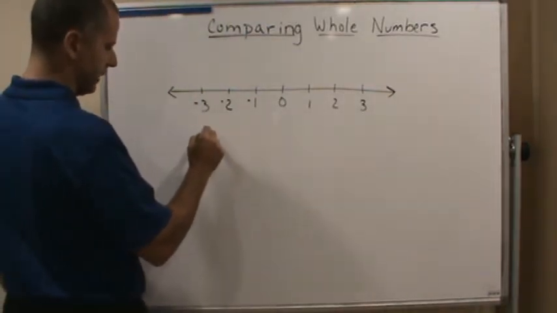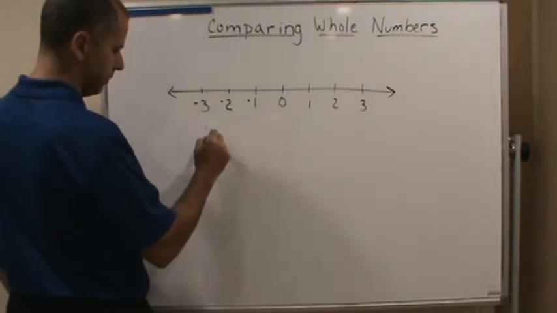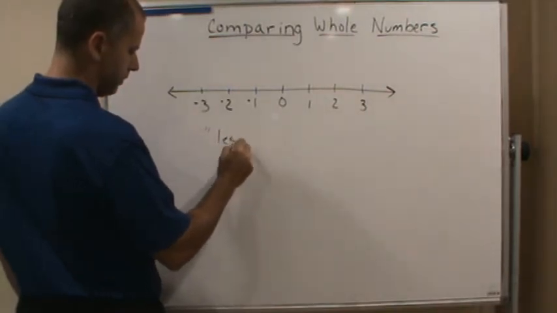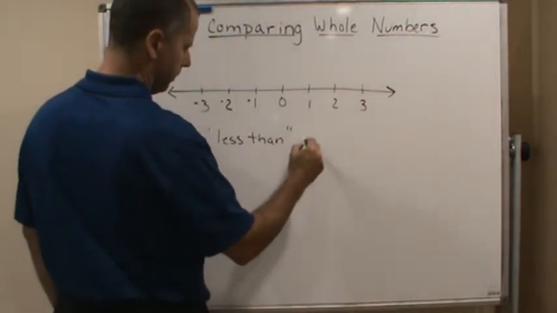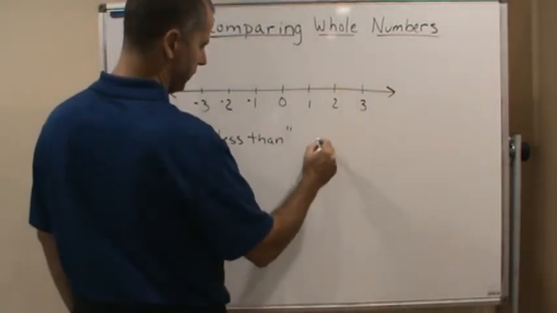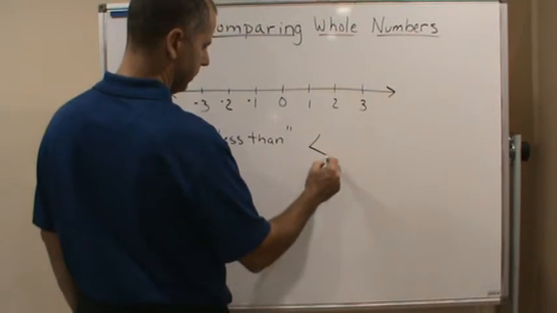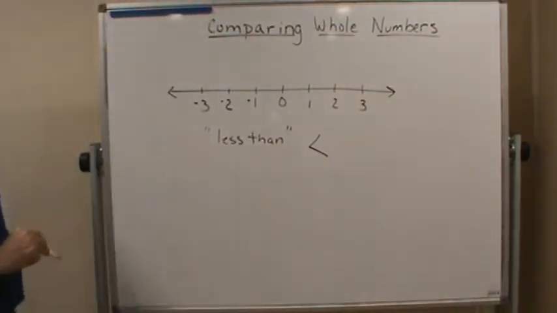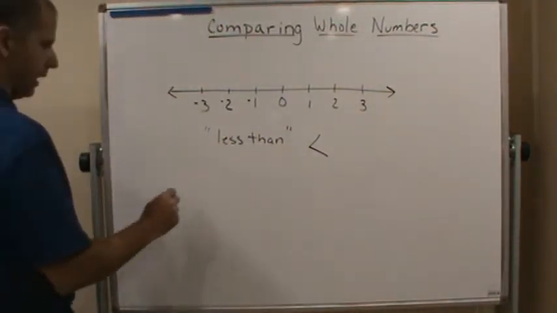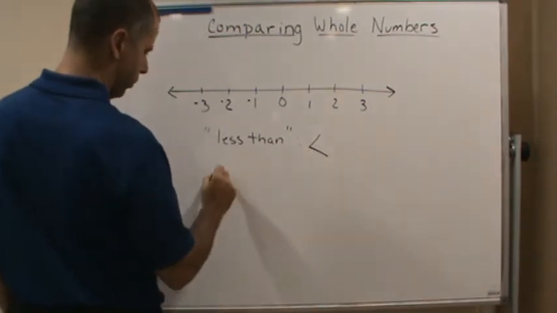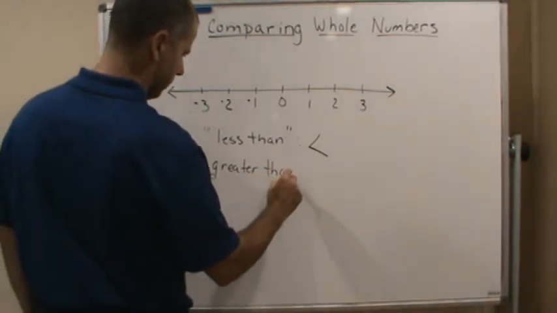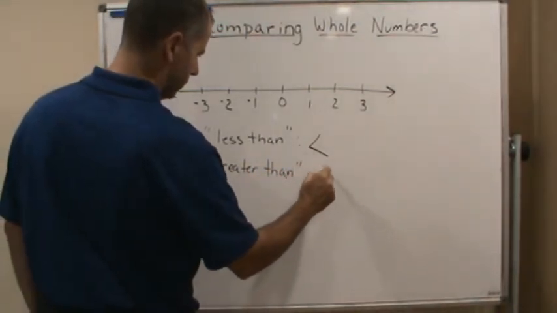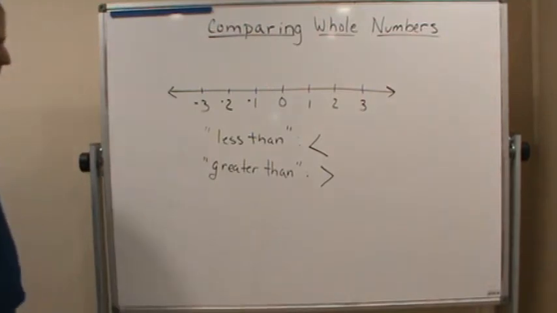We have the less than symbol, which is denoted by this, and then we have greater than, which is denoted by this.